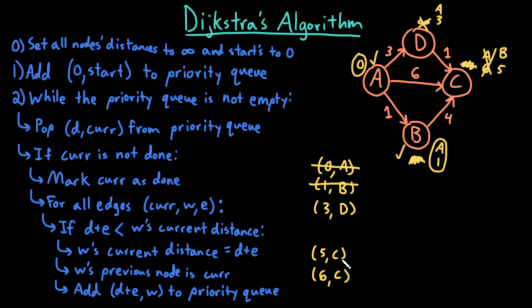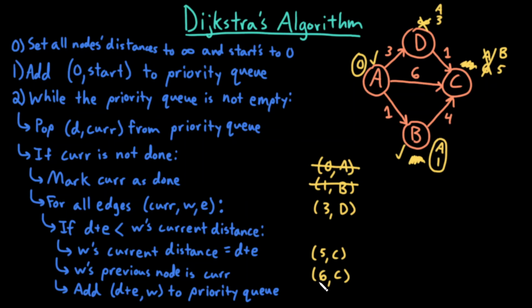Now, before I go any further, I want to point out you might be weirded out by this. You might be like, whoa, why do I have 2 different elements labeled by C in my priority queue? And the reason for this is that in Dijkstra's algorithm, I have no idea if I've found the best path to a given node until I pop that node off of the priority queue and mark it done.